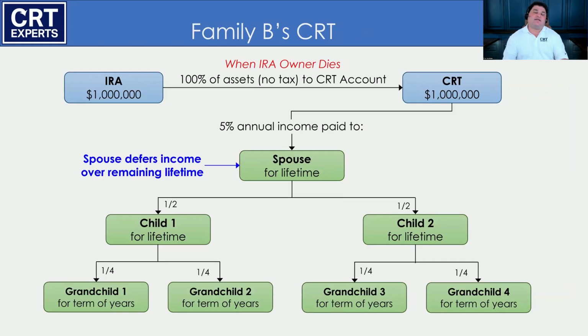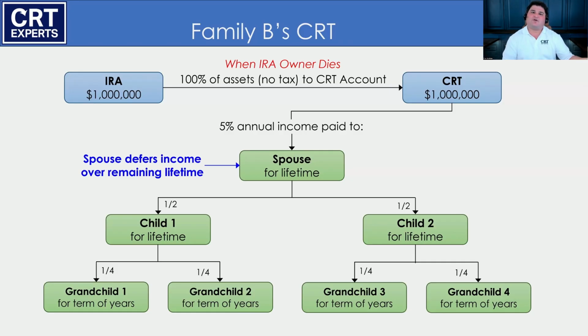So now let's look at deferral in light of Family B here. In many cases in the stretch replacement, given the nature of these clients, it's not anticipated that the spouse will want or need any income.